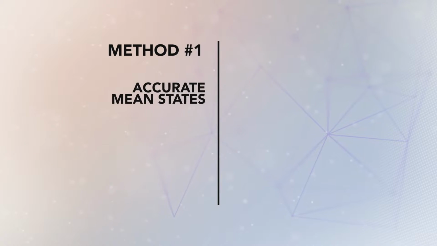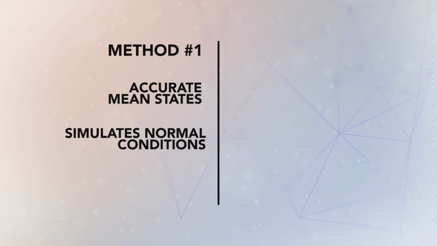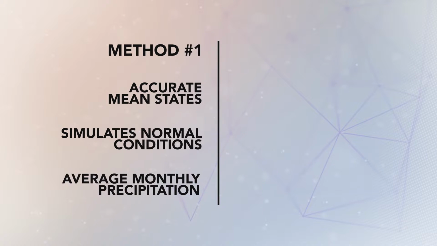Also, it is important to understand the method used to produce the downscaled projections. If you use statistically downscaled projections, as many decision makers do, you need to know that not all the methods are created equal. Some methods are designed to produce more accurate mean states of climate variables, such as an average monthly precipitation amount.